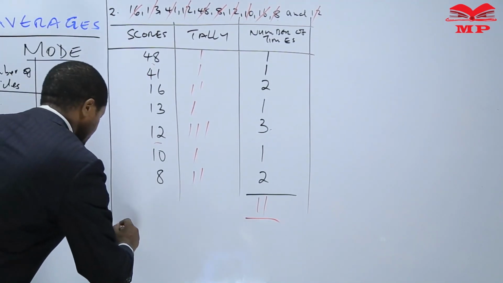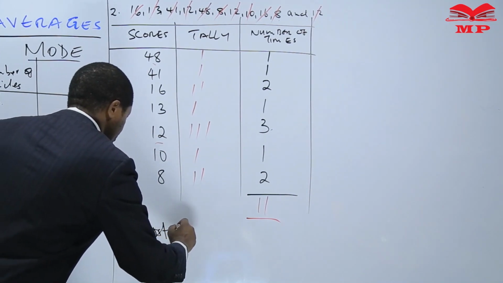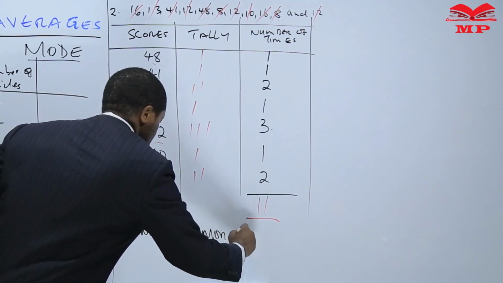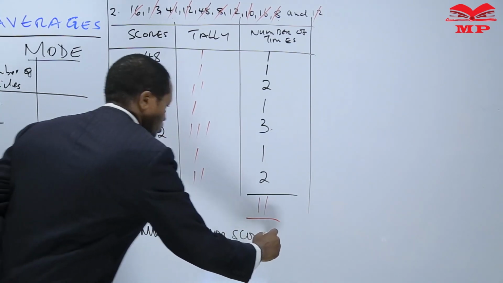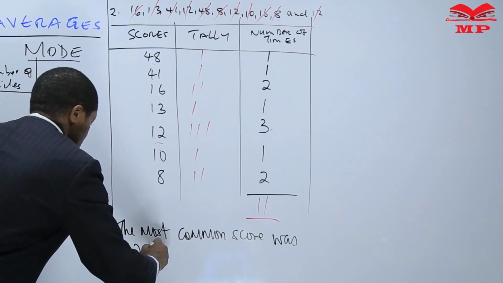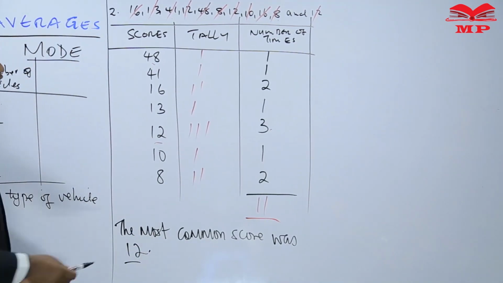So the answer is, the most common score was 12.